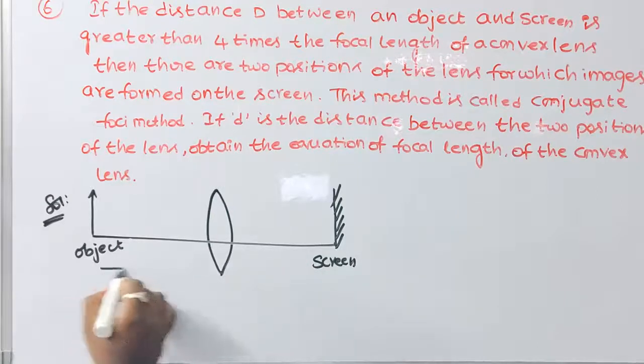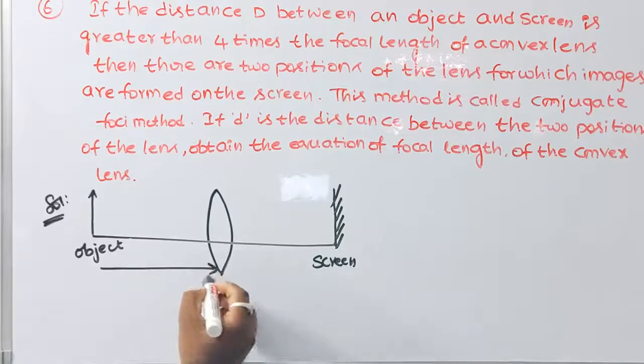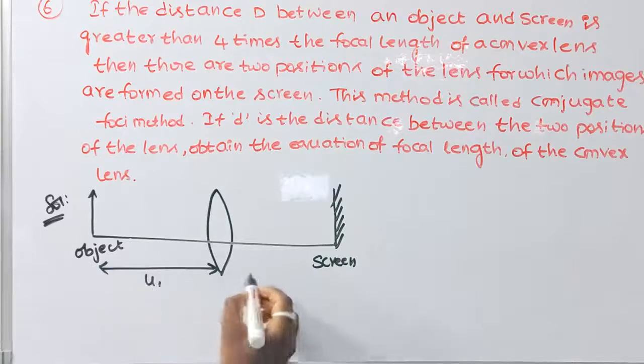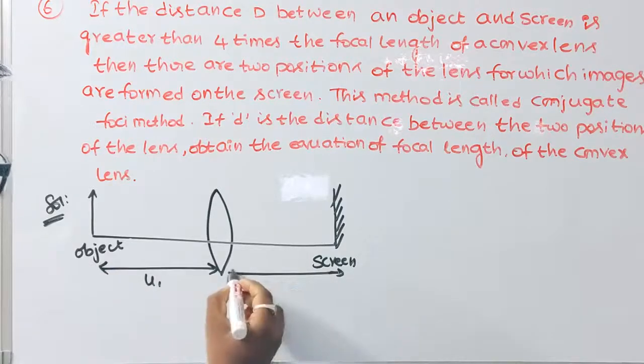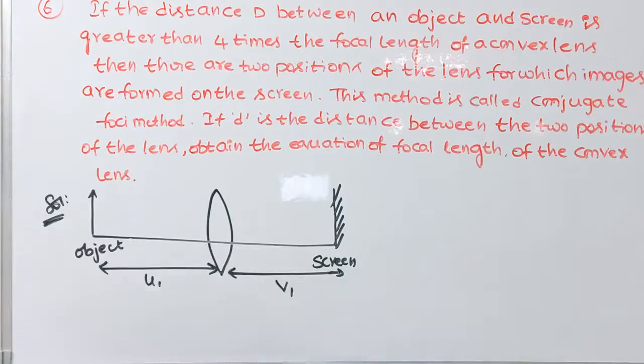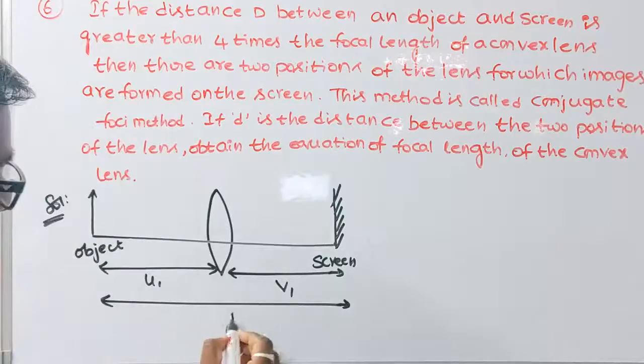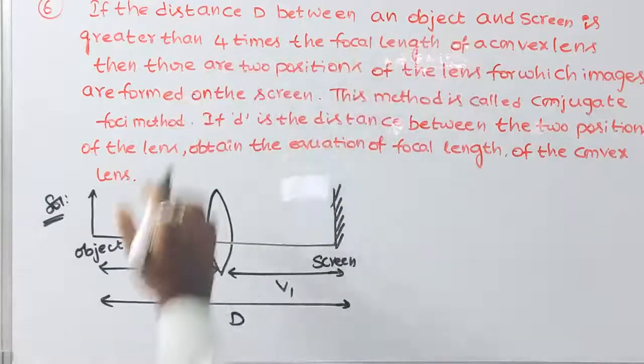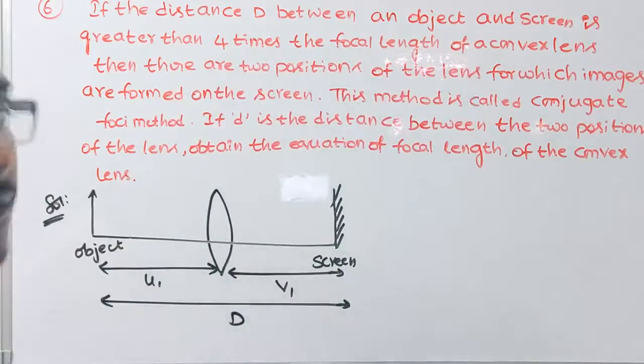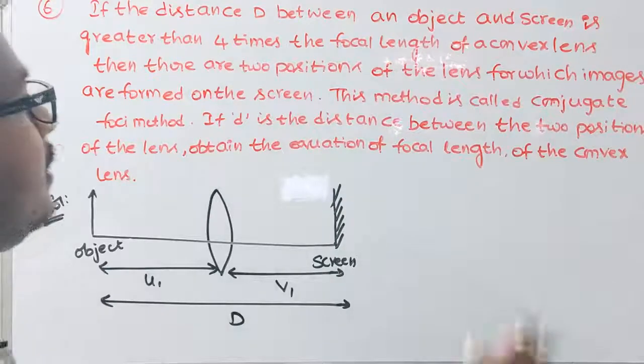This distance is the object distance, and this distance is the image distance v1. The total distance between the object and the screen is D.